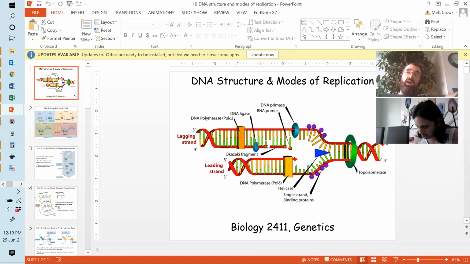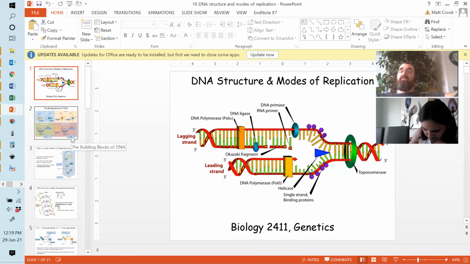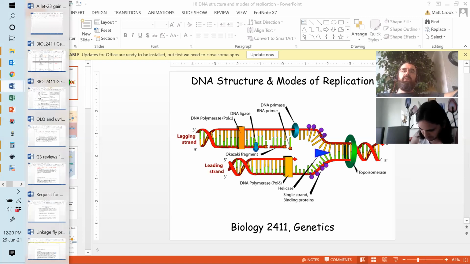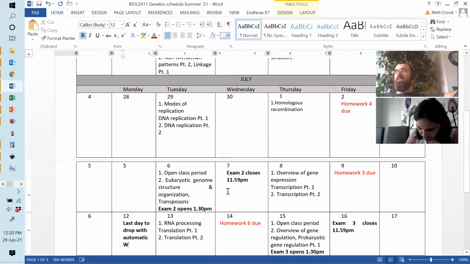We look at prokaryotic versus eukaryotic DNA replication, which are similar, but there are some important differences between them. And then we'll look at the downsides of having linear chromosomes, which is what eukaryotes have. And I think we look at the actual mechanism of homologous recombination, and then it's time for exam 2.